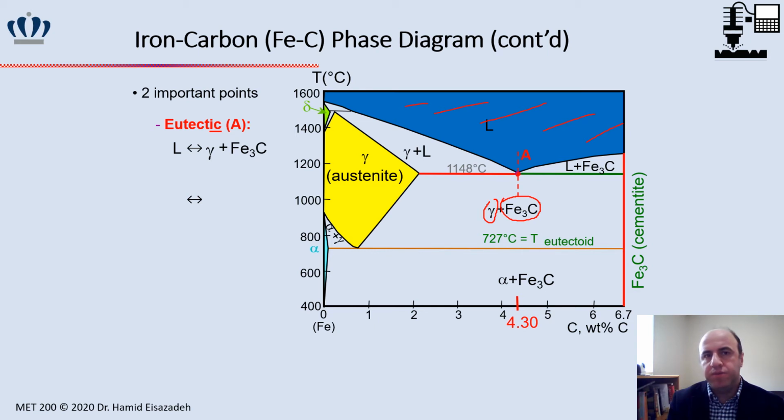This is cementite, we mentioned it. So this reaction can be written this way: liquid transforms to gamma plus Fe3C.